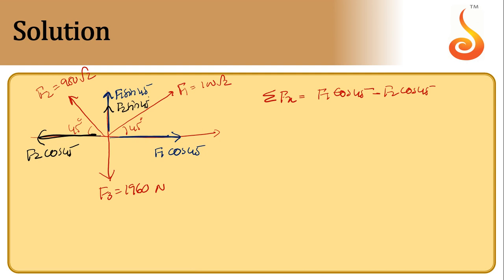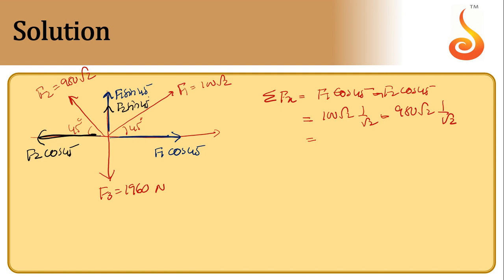So if I simplify it further, this is going to be F1, 100 root 2, cos 45 is 1 by root 2. F2 is 980 root 2. This is 1 by root 2. So this is 100 minus 980.